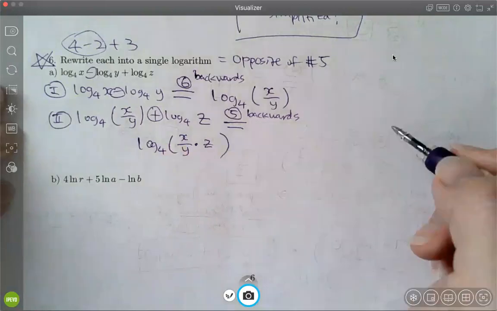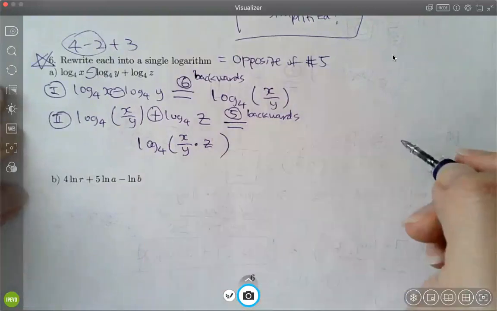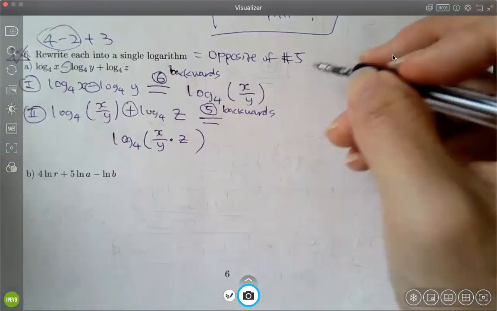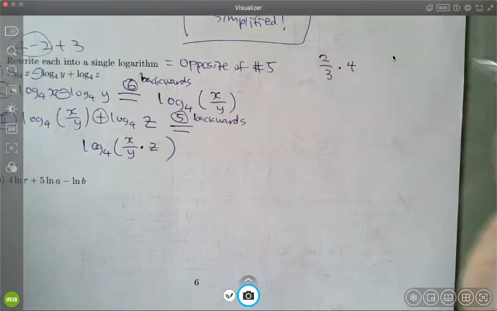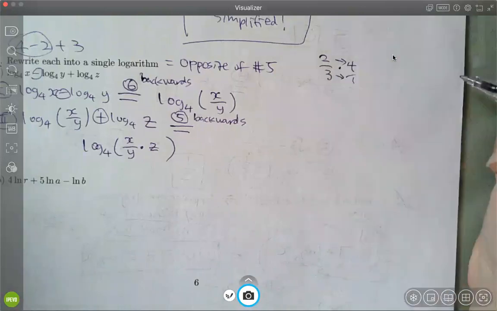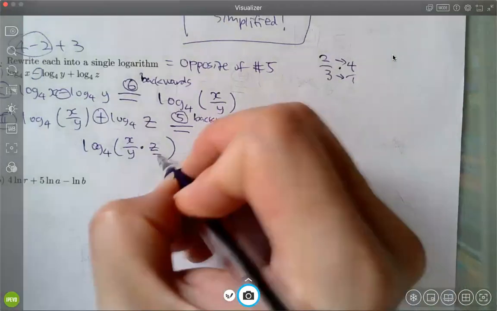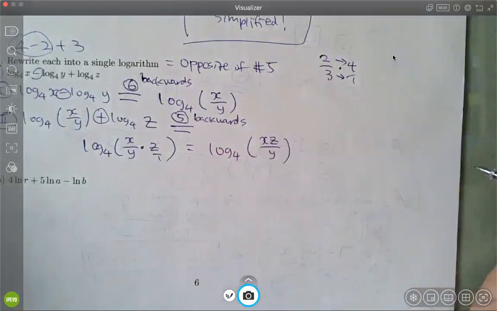But what is x over y times z? If you think about what happens when you multiply 2/3 and 4, you multiply the numerators and keep the denominator, right? So this means log 4 of xz over y, right? Okay, and that's it.